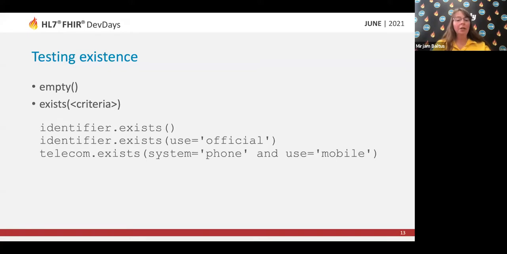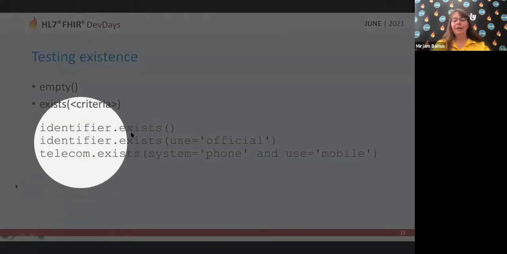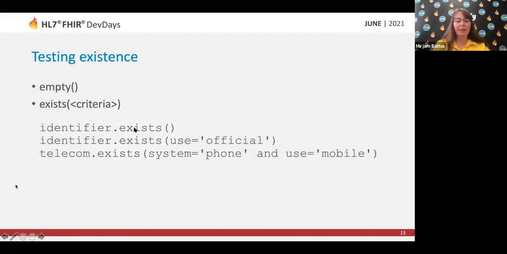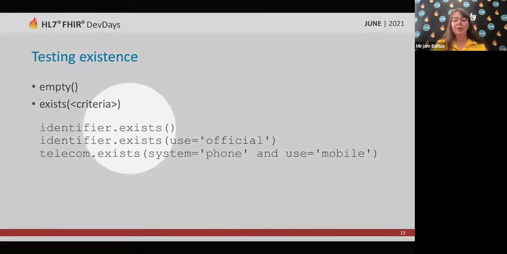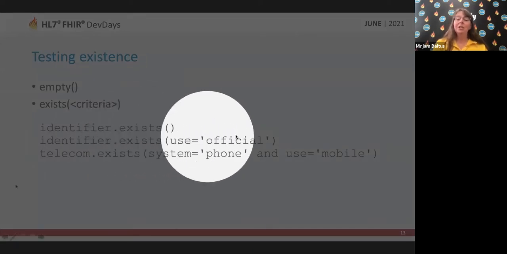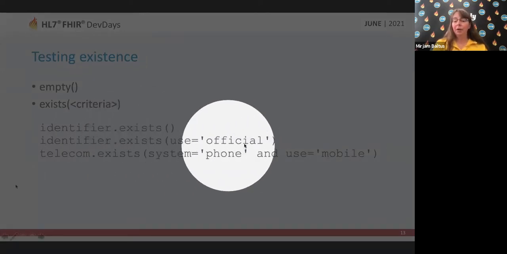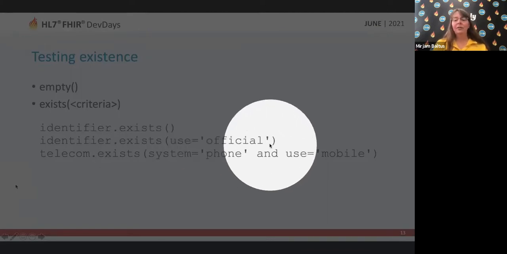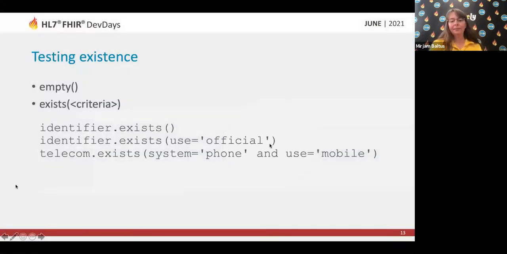So the first example here is identifier.exists. That will just check whether there is an identifier present in my patient in this case. But we can also give some extra criteria to that, and that's the second statement, where we check whether there's an identifier that exists with the use node having the value of official. So that's an extra select on that exists.